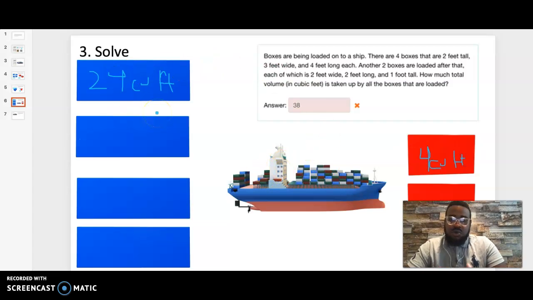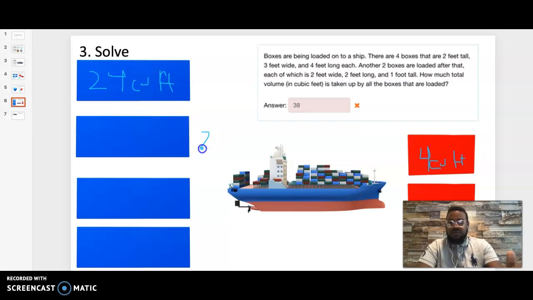So I could do 24 four times, and 24 times 4 is 96. I can check my work. If I do 25 times 4, we all know that 4 quarters in $1, that's 100. I take away 4 of those individual pieces, that gives me 96. Because there are 4 of those boxes.